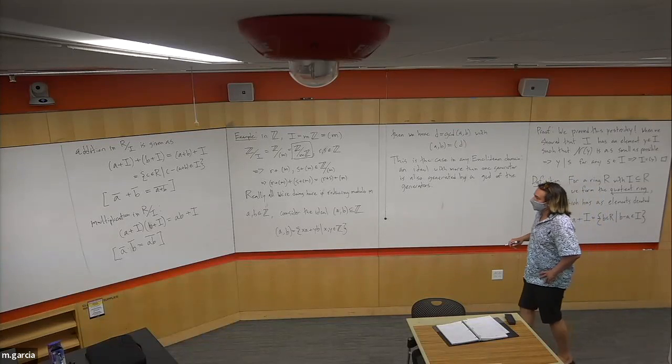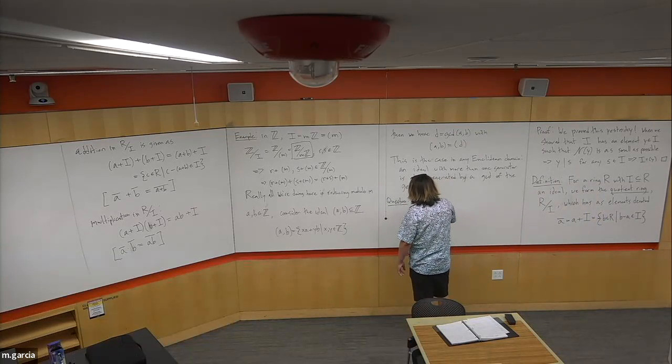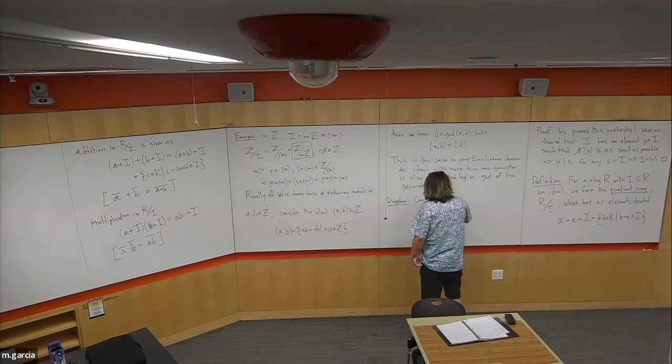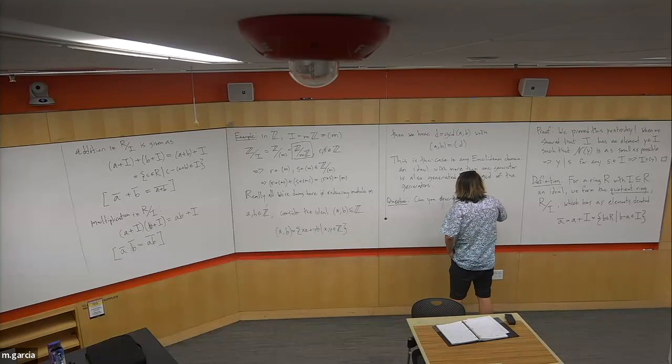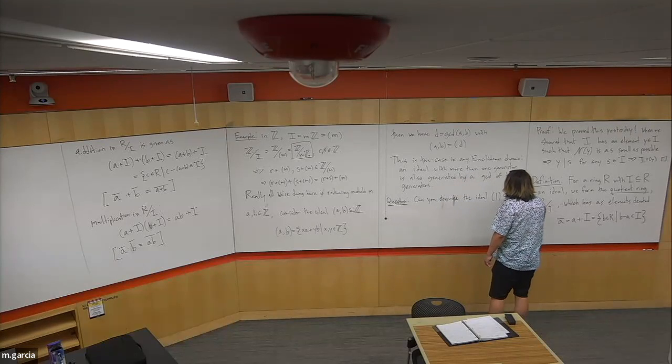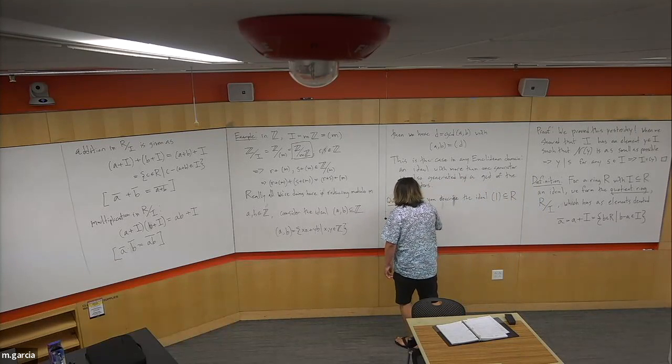Okay, let me pose you another question. Can you describe the ideal generated by 1 in R, any ring?